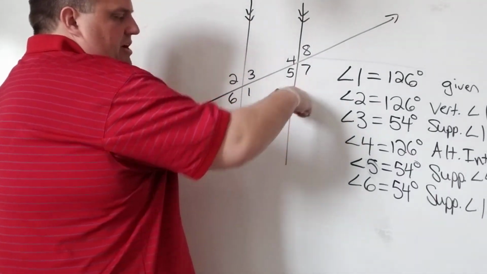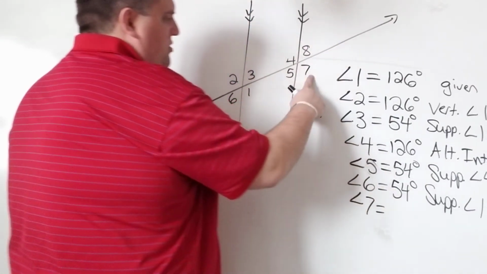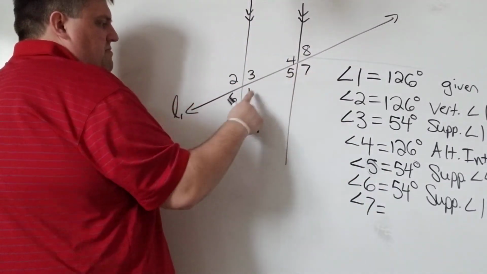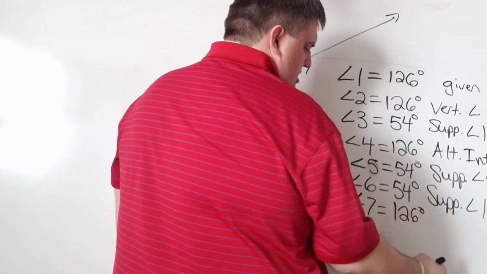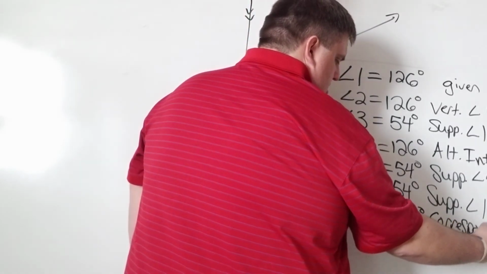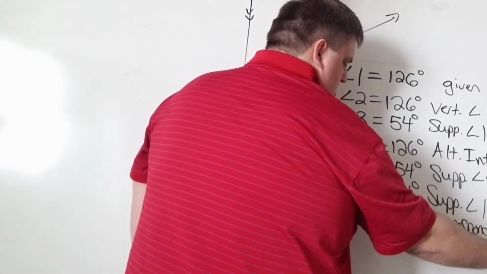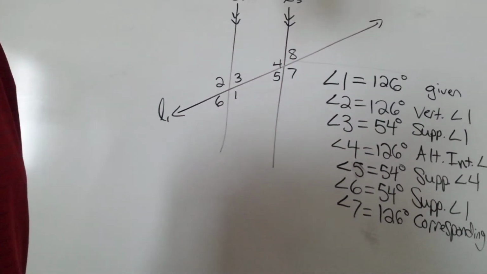Angle 7, we can use angle 1 for that one. That'll be fun. Angle 7 is corresponding to angle 1, so they have to be congruent. So I know this one's 126 degrees because it's corresponding to angle 1. I don't know, can you see that in the camera? It's cut off a little bit.